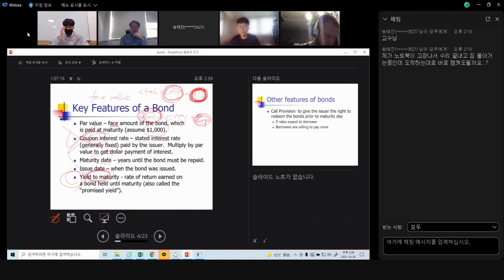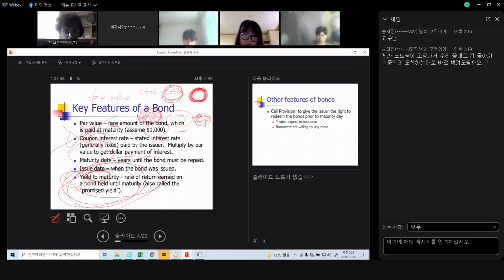But if capital gain yield is negative, then the coupon is higher than the real return, right? So in bonds, we also enjoy capital gain yield. I will explain later on. The real return on a bond is not the coupon, but yield to maturity. Yield to maturity, as you shall see, right?